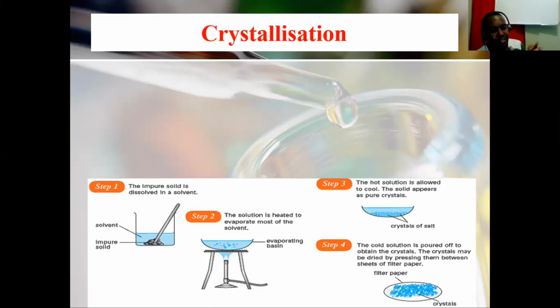So we heat it so the water can evaporate, and it will also evaporate with some of the solids. At the top of the evaporating basin, we normally have a glass container to cover it. And then after a while, we're left with the salt at the bottom of the basin, and then we cool it to get back our crystals, right?